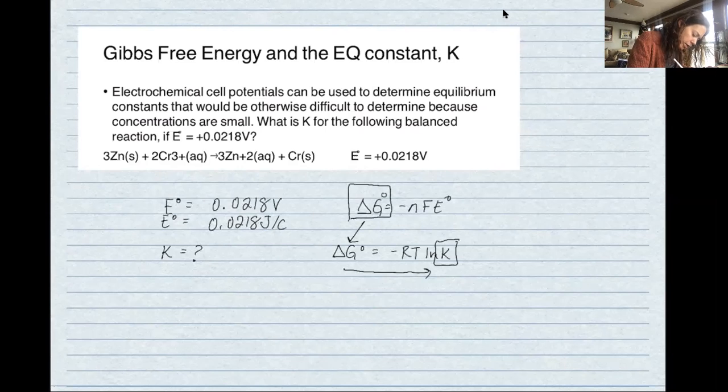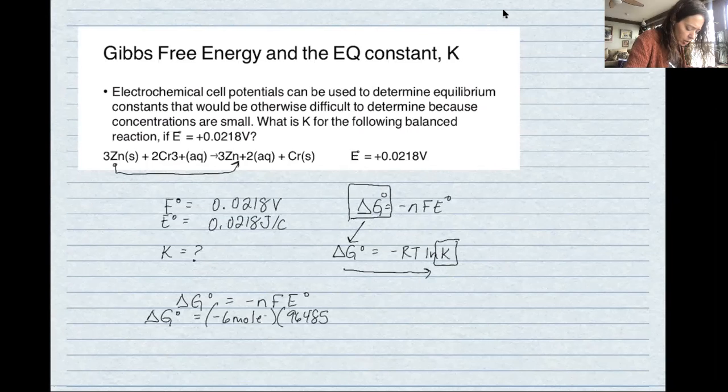So delta G equals negative nFE. 3 zincs going to 3 Zn2+. That is 6 moles of electrons, 96485 coulombs per mole electrons times E, which is 0.0218 joules per coulomb.